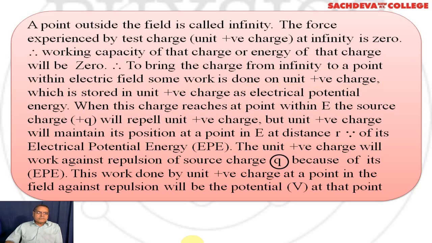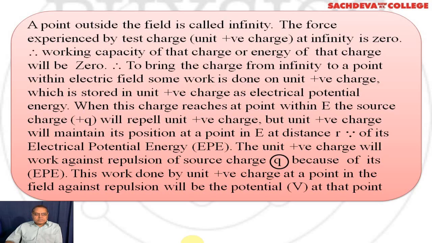When this charge reaches a point within electric field E, the source charge Q will repel the unit positive charge, but the unit positive charge will maintain its position at a point in the electric field at distance r from the source charge, because of its electrical potential energy. So it is maintaining the position because some electrical potential energy was stored in the unit positive charge.